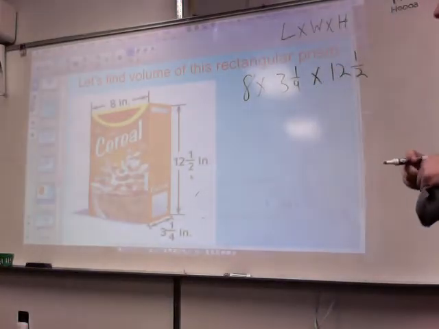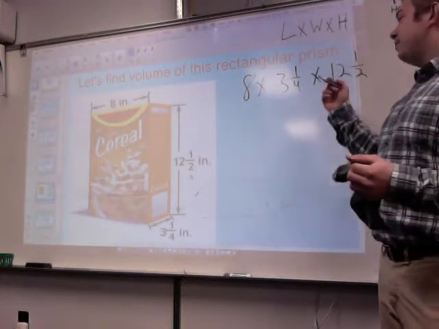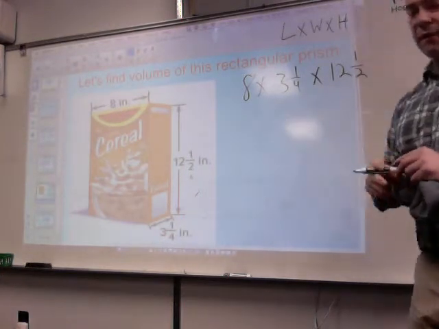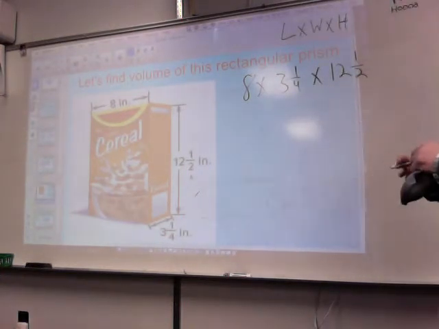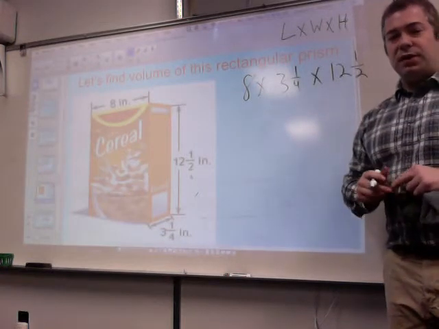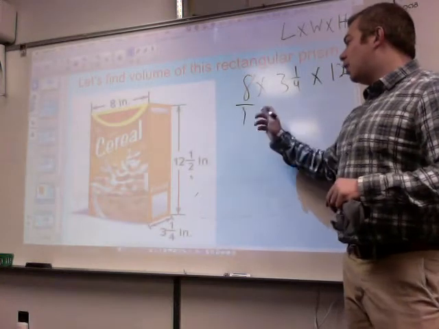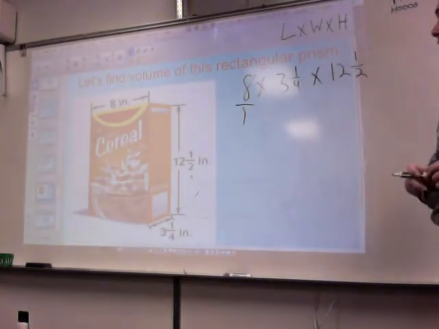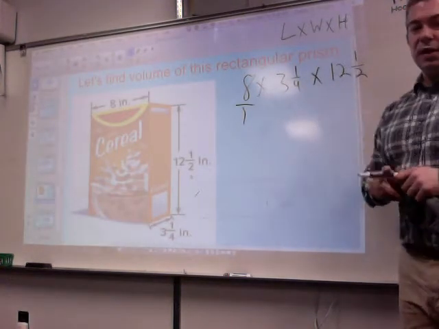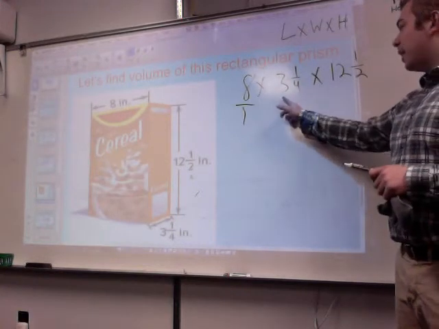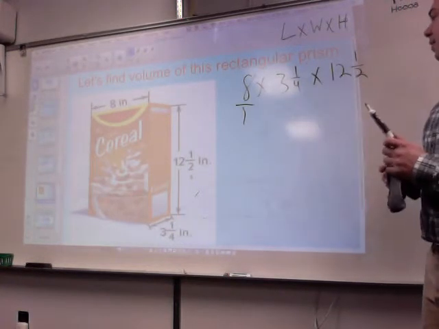Okay, so I like my answers to have mixed numbers, but I can't really deal with mixed numbers, so I have to create improper fractions. So this 8 really is 8 over 1. That's fine. Now this 3 1/4, let's turn it into an improper fraction. 4 times 3 is 12, plus 1 more is 13.